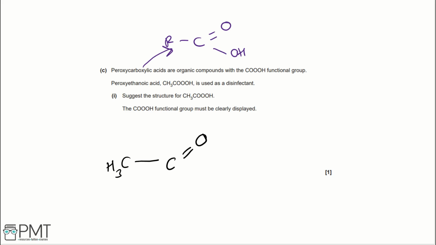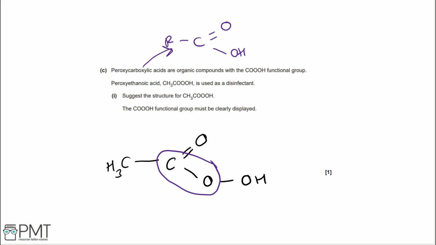And that would look like this, with roughly a carboxylic acid group being represented, but instead, because it's peroxycarboxylic acid, instead of having the carbon here bond to an OH, we've got it bonding to an oxygen and then the oxygen bonding to the OH, which makes it slightly different to just a carboxylic acid.